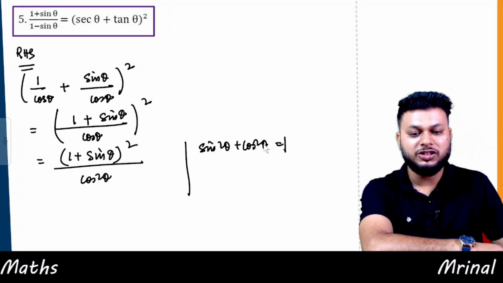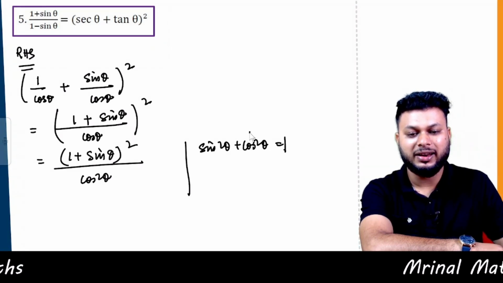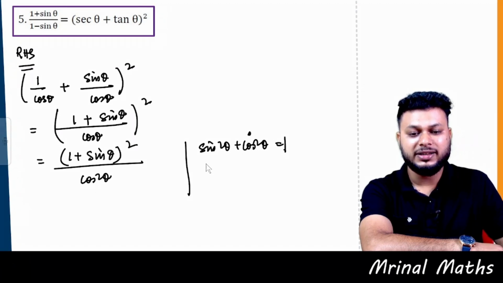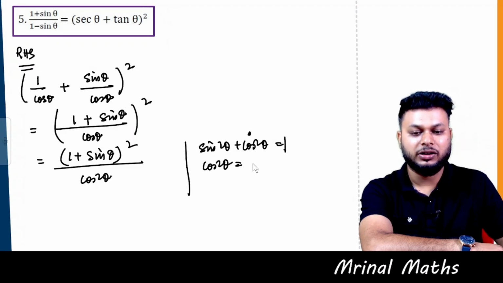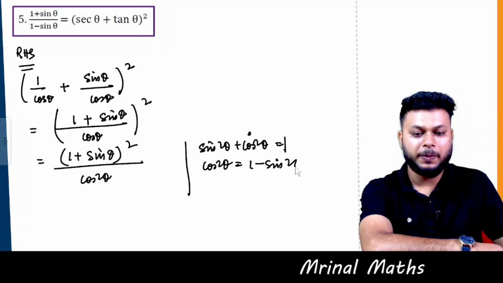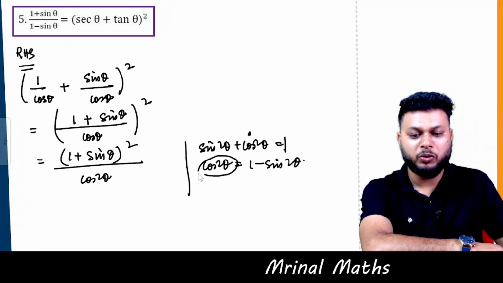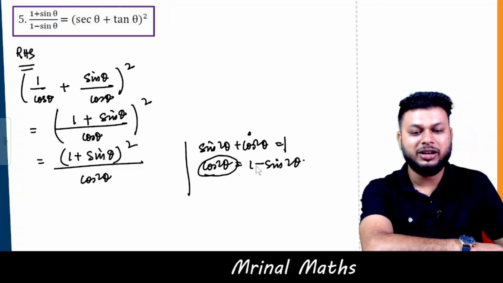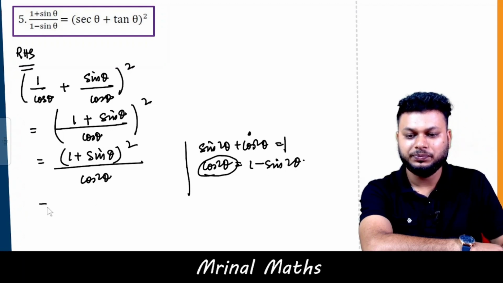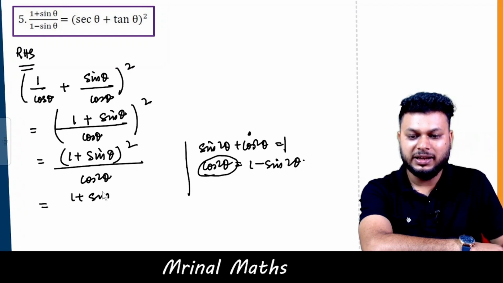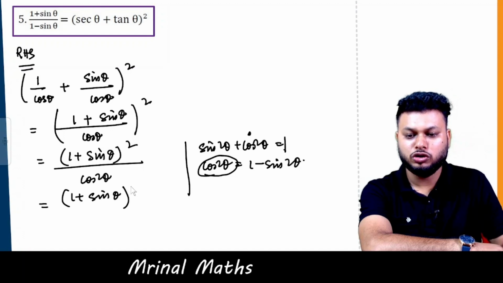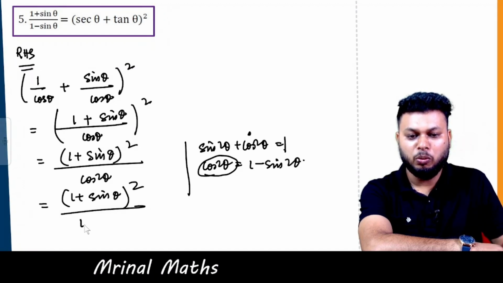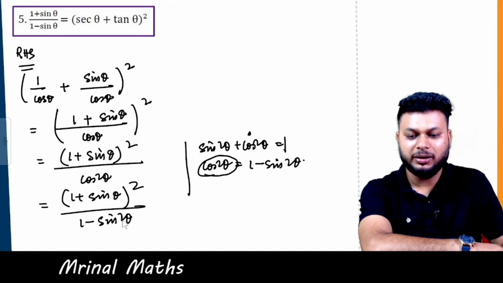Now I want to change this cos² θ, so keeping that at the left hand side, let me transfer sin² θ to the other side, which is 1 − sin² θ. So I know in place of cos² θ can be replaced with 1 − sin² θ. (1 + sin θ) whole square by 1 − sin² θ.